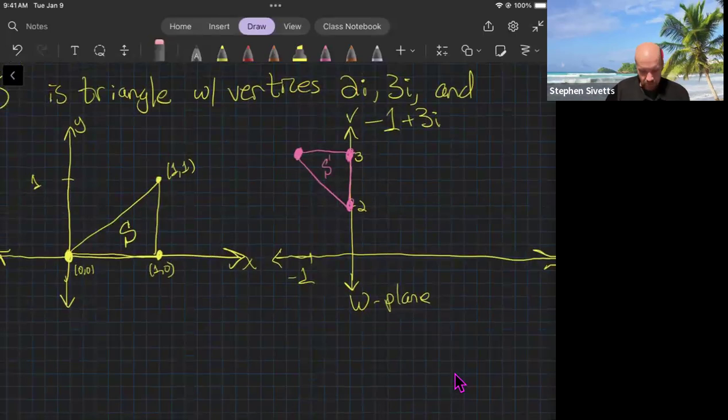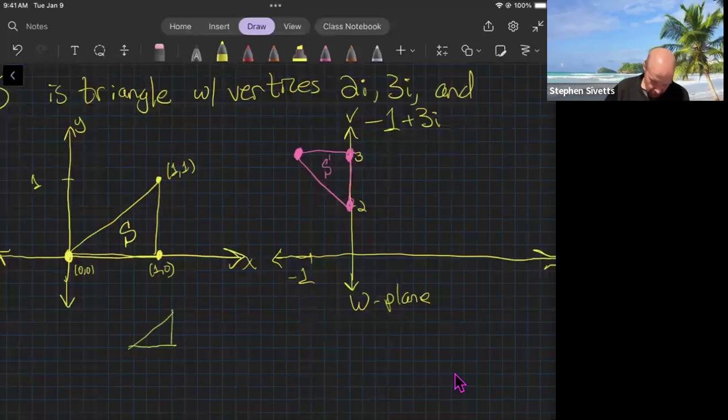And it looks like if you rotate it 90 degrees, it will be just this triangle.